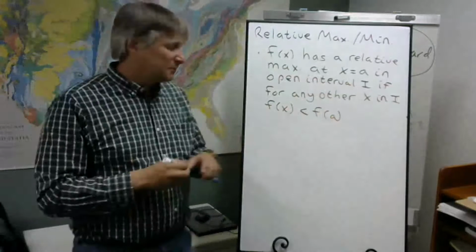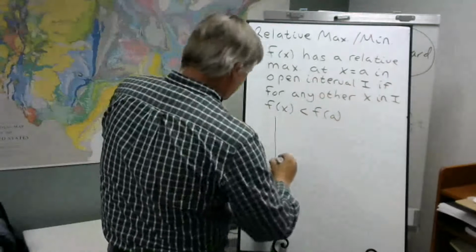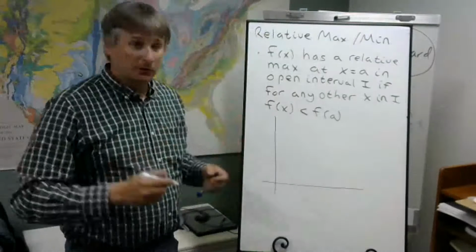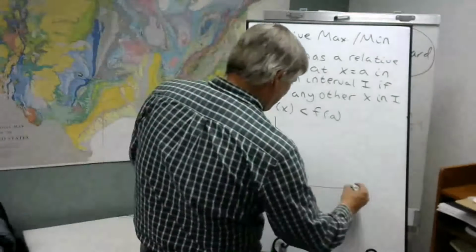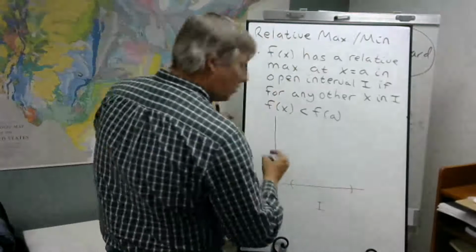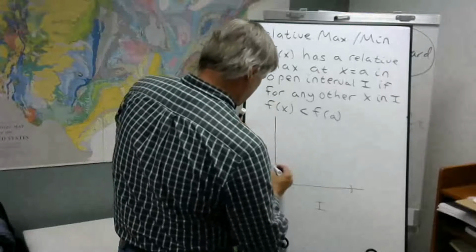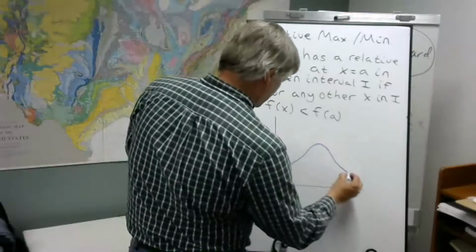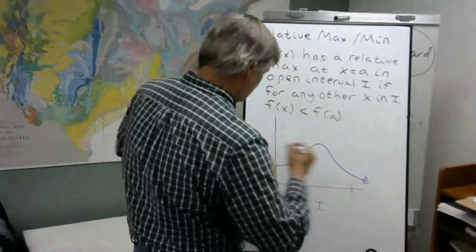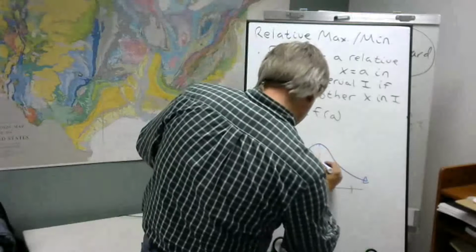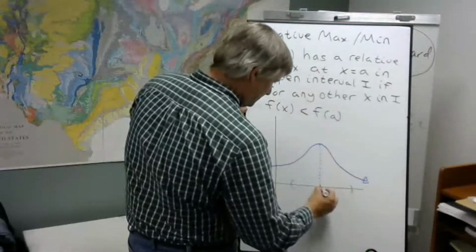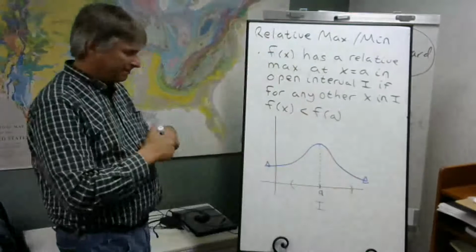So typically where this occurs is where you have a peak over interval I. So let's say we have our interval I, and we have some kind of a peak over this interval, and this occurs at x equals a.